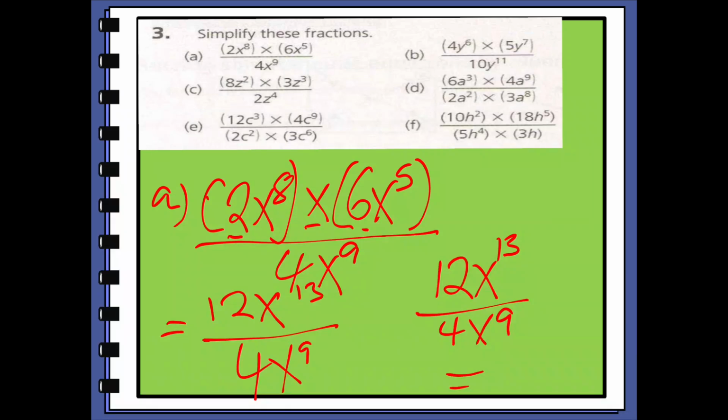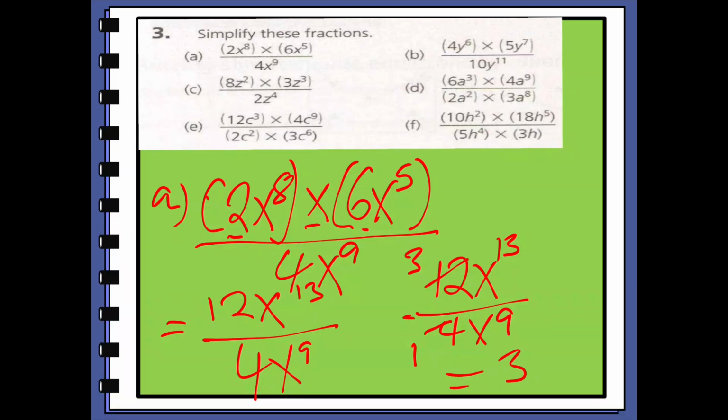Now we do know that when there is this division line, it means we have to subtract the powers. First of all, let's divide 4 into 12. 4 into 12 goes 3 times. 4 into 4, 1. Then the powers we have to subtract.